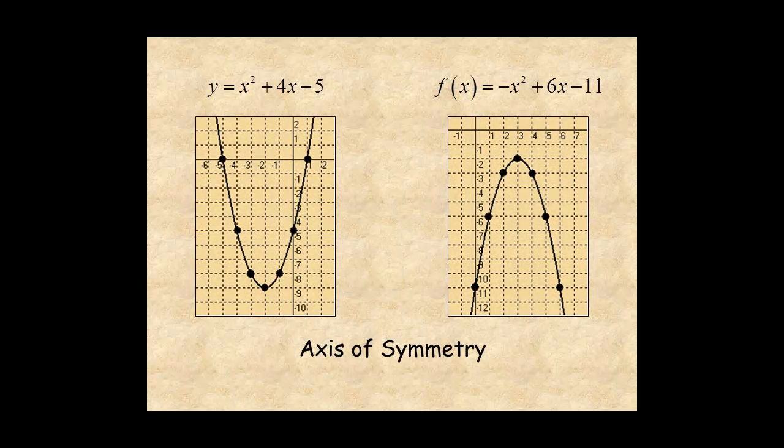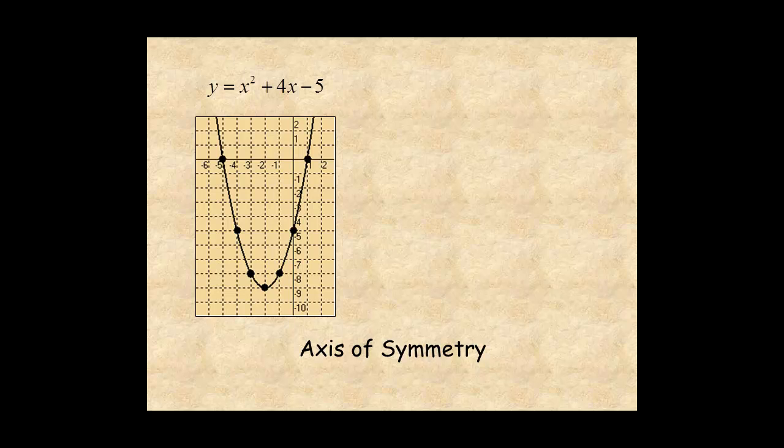For the function on the left, x equals negative b over 2a is negative 4 over 2 times 1, which is equal to negative 2. And you can see this is the vertical line x equals negative 2.